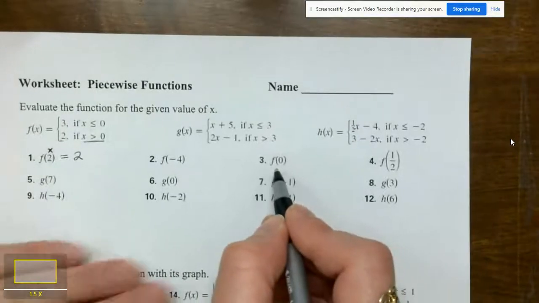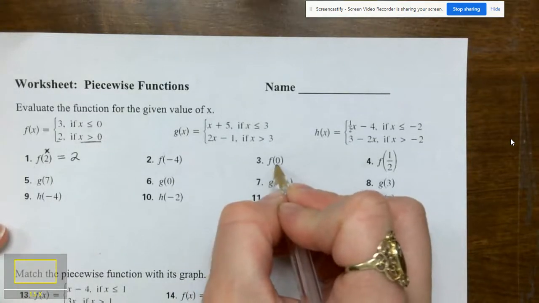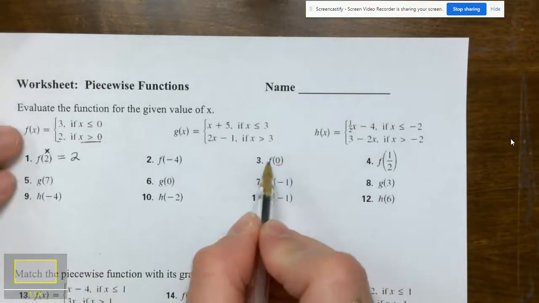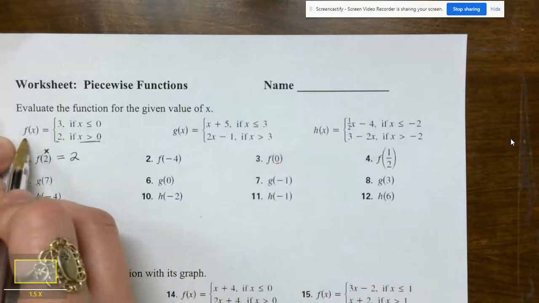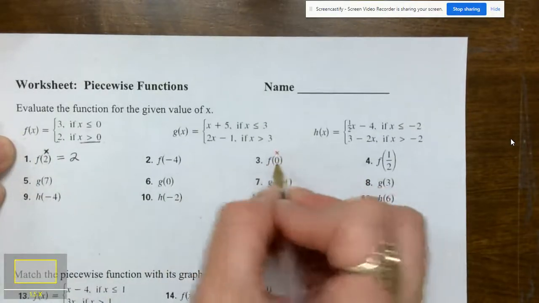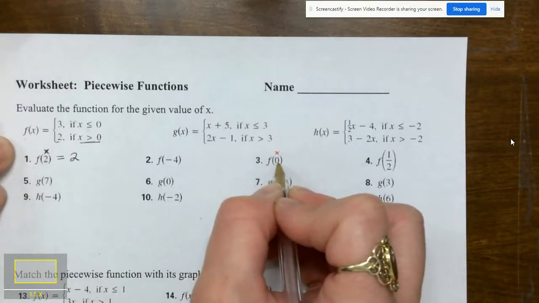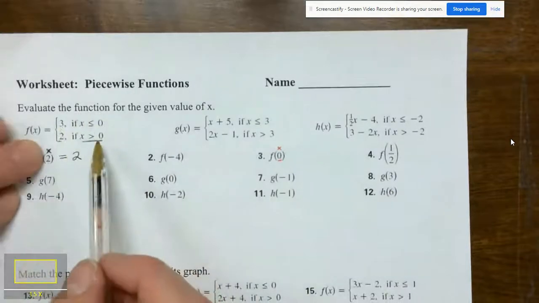If I go over here to 3, I look at f of 0. Remember, find your function first. I'm still using the f function, so that's this one. Then this is your x, so x is 0 here. Now, you've got to be careful.